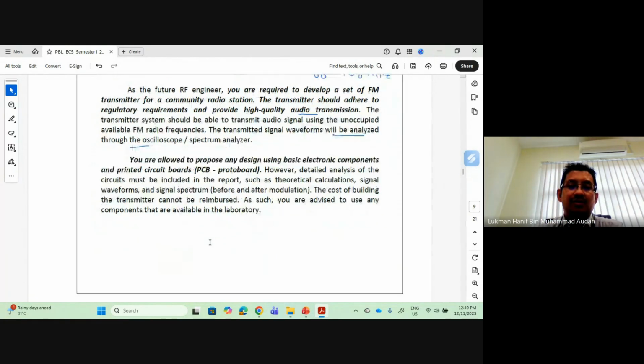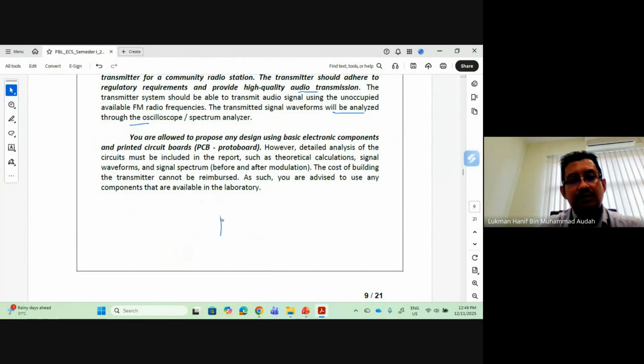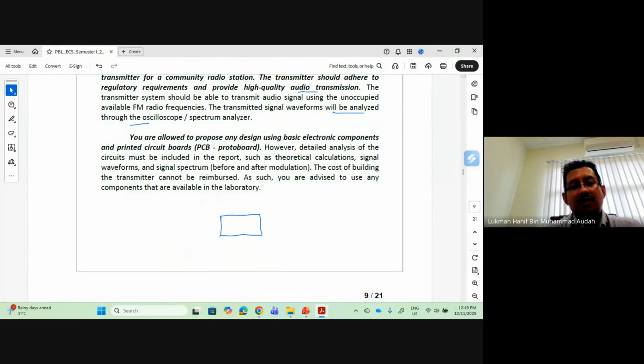Okay, so basically what you want to do is like this. Imagine this is your transmitter, where it consists of basic components: resistor, inductor, capacitor, transistor, and etc. Okay, so this is your transmitter, and your transmitter will be connected to the input.